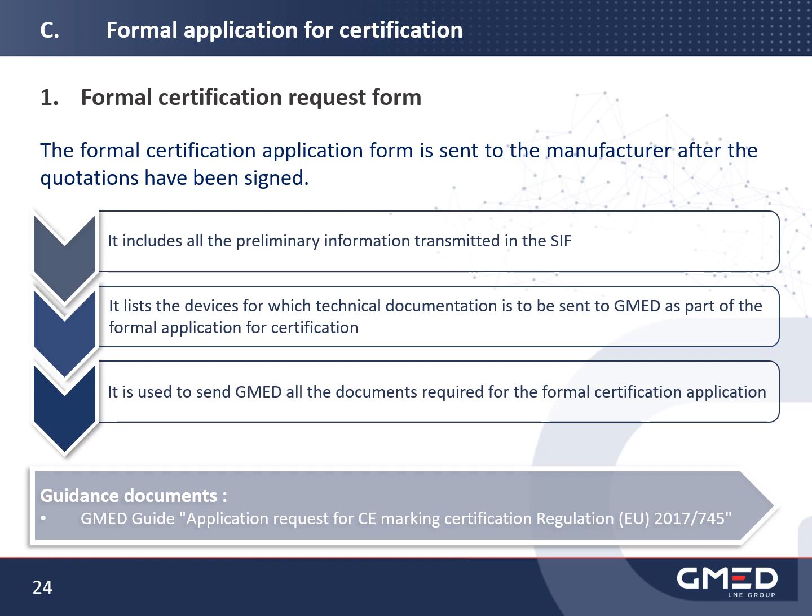This guide specifies the conformity assessment procedure that may be chosen by the manufacturer depending on the class of device, and indicates the documents and information to be transmitted to GMED depending on the conformity assessment procedure chosen and the class of the device. This guide will help you to prepare your formal certification application in advance so that you are ready to submit it as soon as GMED provides you with your formal certification application form.